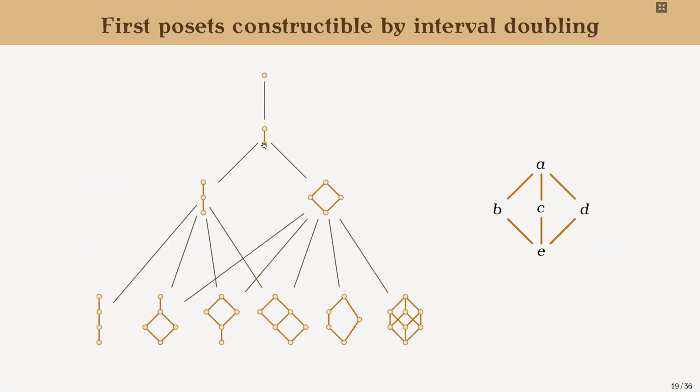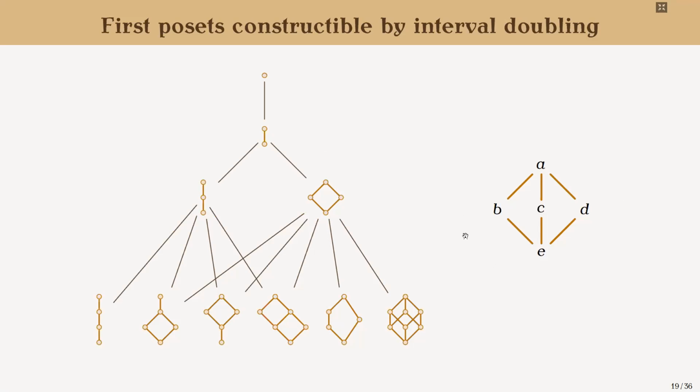Or you can choose to double all the singleton posets, and we obtain this square here. You can notice that here we have the pentagon, which is the Hasse diagram for the Tamari order, but also for the Hochschild poset in the first dimension. And here we have the hypercube.